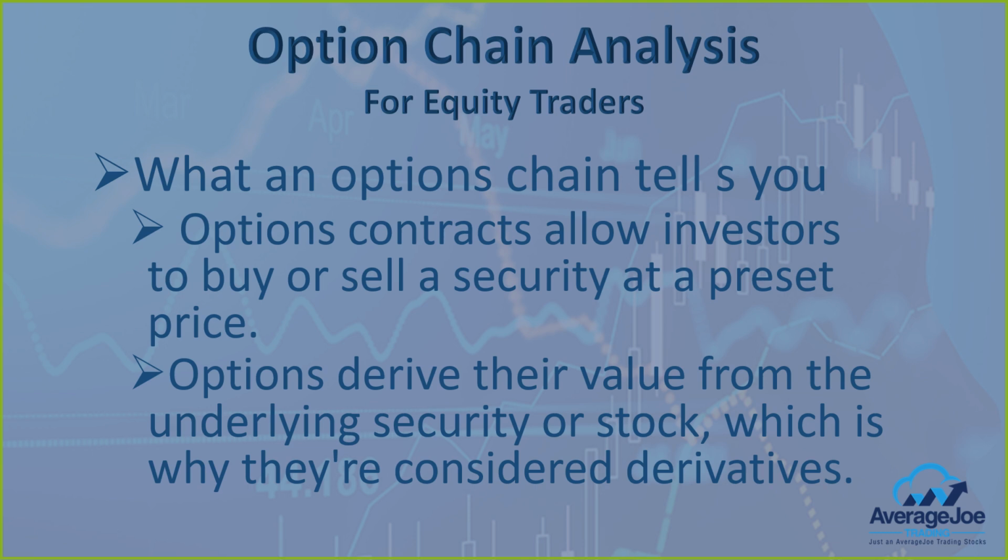Okay, so option contracts allow investors or traders to buy or sell a security at a preset price. Okay, so option traders are basically speculating. These are the guys that are speculating on the market.